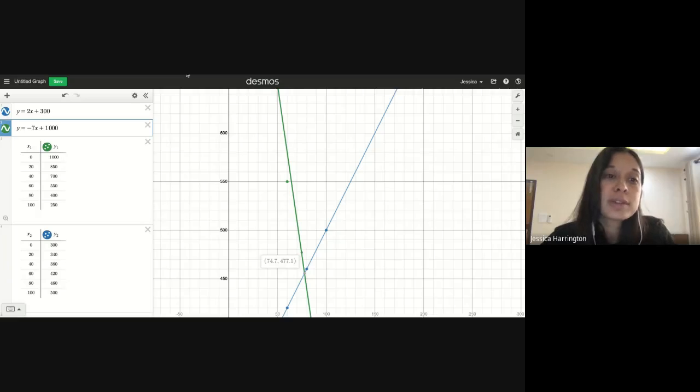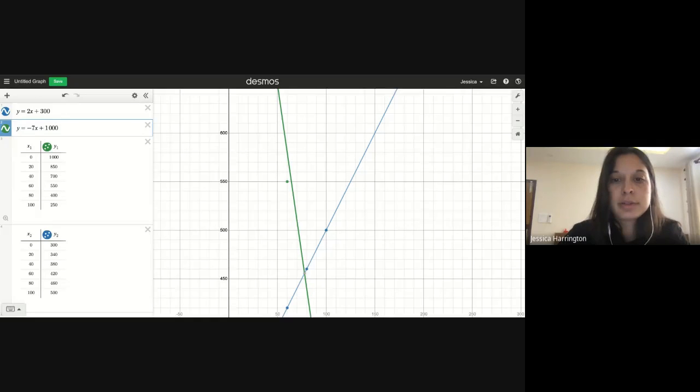So I'm going to come over here and type that. The chance of rain is 75% when 475 people go to the amusement park, right? And this is an estimate, so we could say probably.